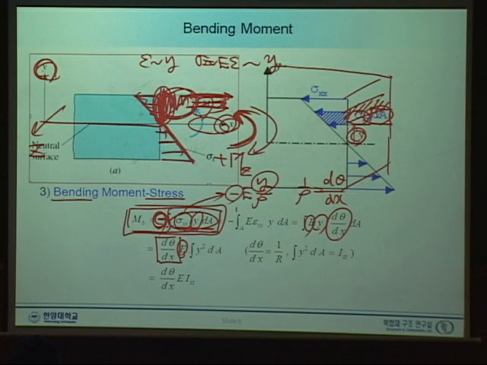But remember that if the material property is varying through the thickness, then it should be inside and integrated, considering variation of material properties. So anyhow, in this case, if the material property is constant, then it can be out of integrations. And now what is left here is the integration y square dA.